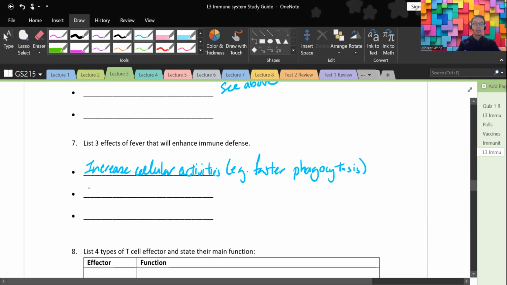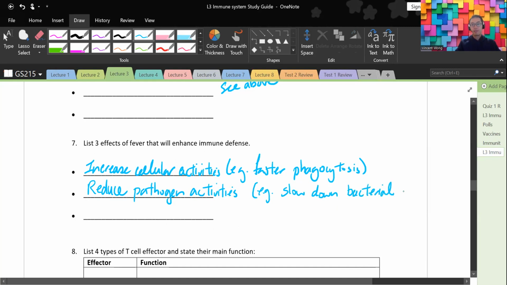Right. It will reduce pathogen activities. So, e.g., slow down bacterial division. Okay. It will also increase chemical reactions.